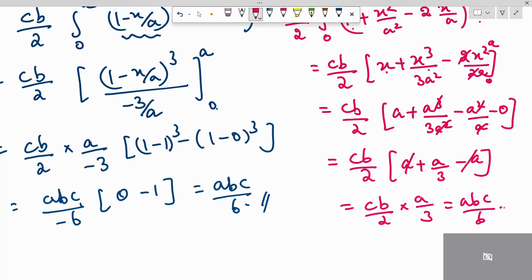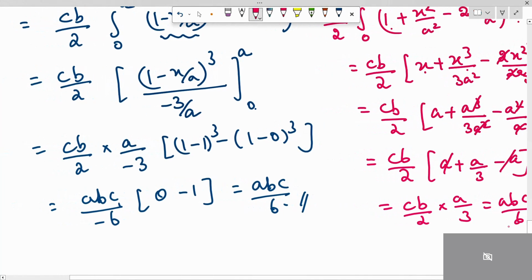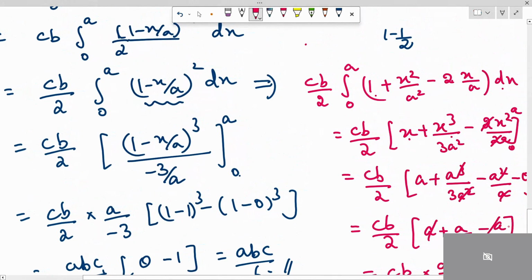Okay, in this way also we can solve the problem. Here we can integrate directly this to this term. We integrated directly 1 minus x by a whole cube divided by 3 will come, but the coefficient of x is minus 1 by a, that's why written here like this, and then apply upper limit value a here in x.